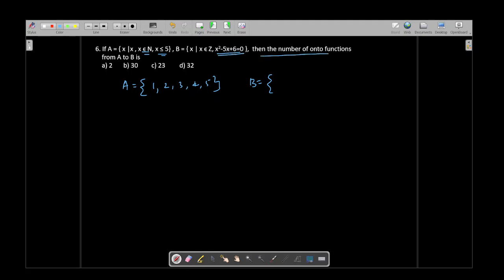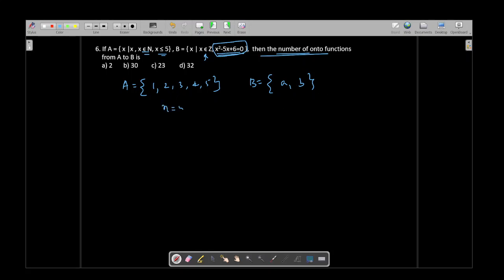Since we are finding the number of onto functions, we are not worried about the elements inside B, we are only worried about the number of elements inside B. Since we have a quadratic equation, there are only two roots, so we can have two elements here. I don't care what the elements inside B are, because all I need is the number of elements in B.